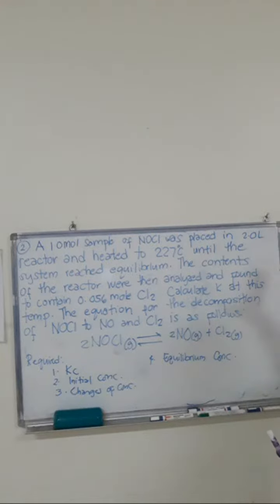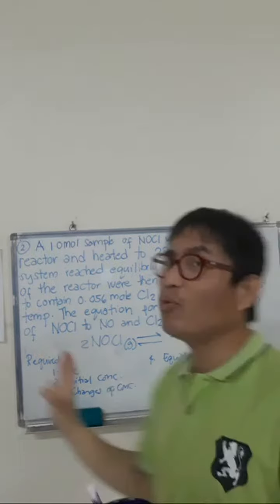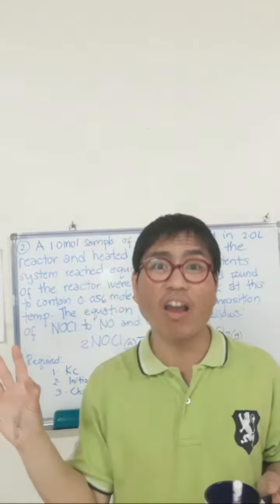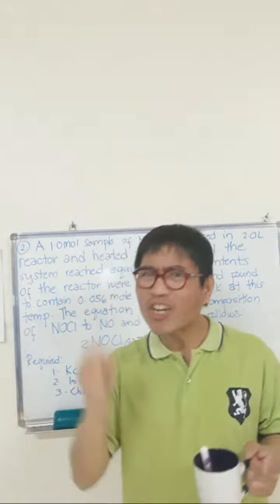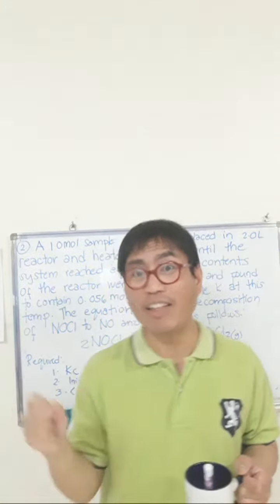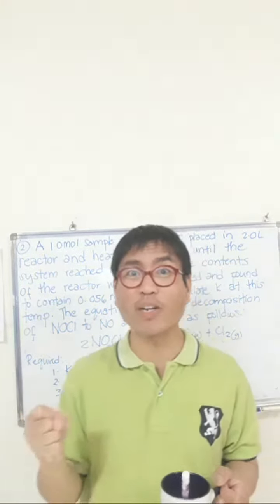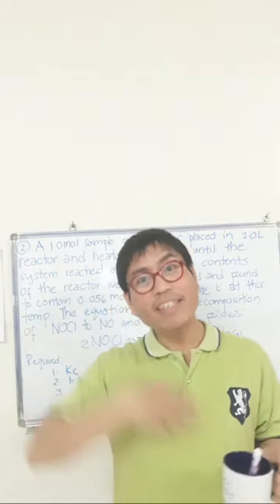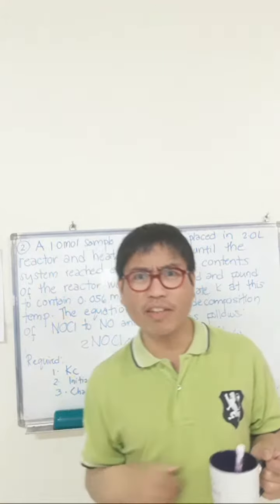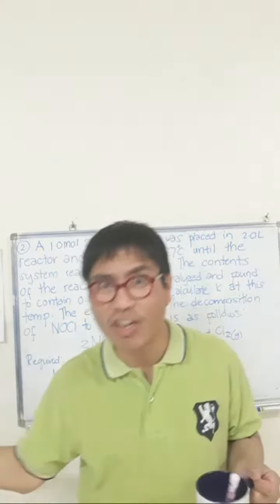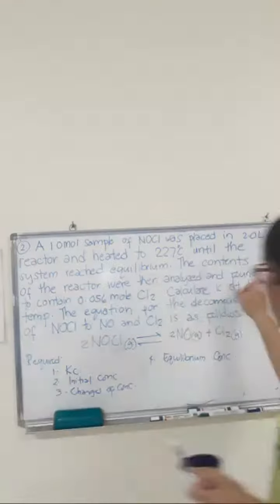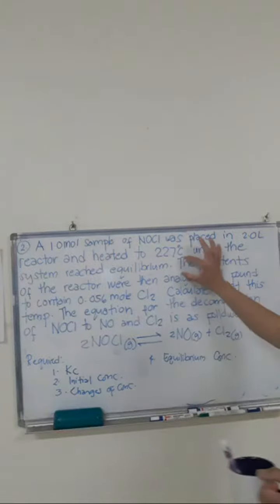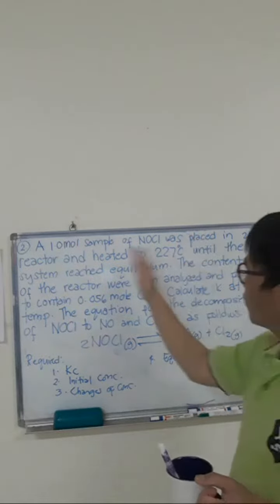You have to understand that the contents of the reactor were then analyzed, meaning it has been removed and extracted already. When you remove and extract, isolate, that is already the result or the product you've been extracting for. So that would mean the equilibrium concentration because it's in the final stage, though it has not been mentioned here. Because this sentence is different from the other sentence.